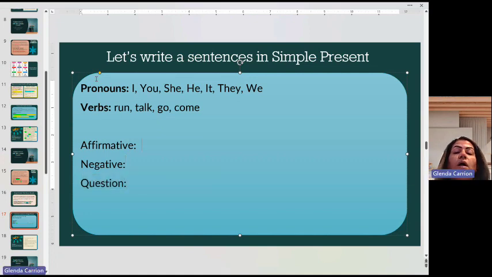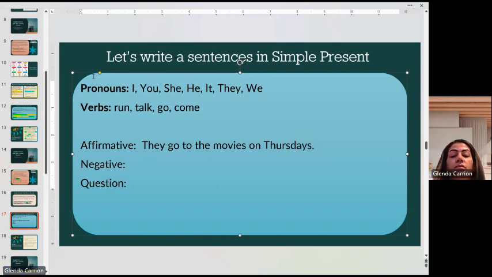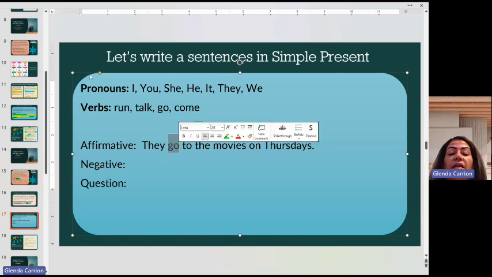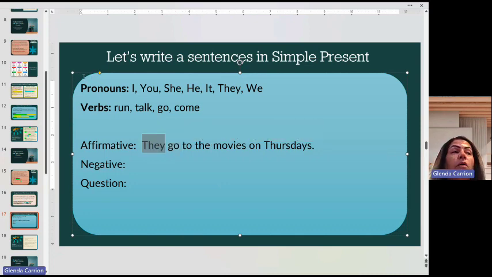Last example, I'm going to do it with they. They go to the movies on Thursday. They go. Notice that the verb does not have an S because it's with the pronoun they. Now let's see. Negative form.